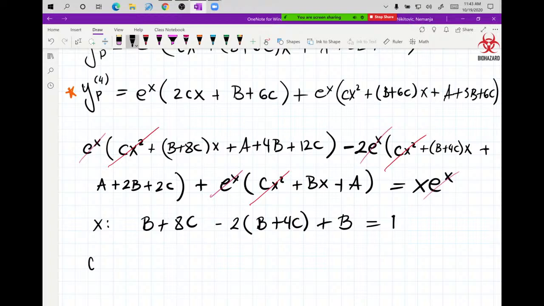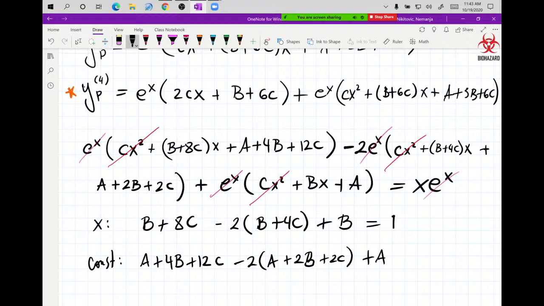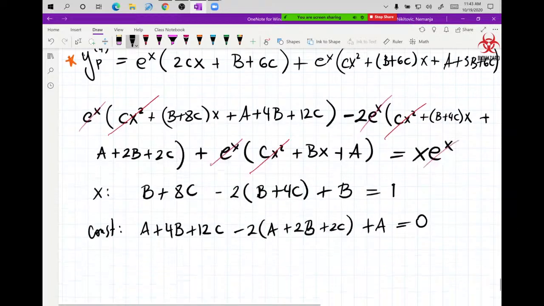And finally, the constant term, it's the first parenthesis is a plus 4b plus 12c minus 2 times the constant term from here is a plus 2b plus 2c, and then finally plus the constant term from the third one is just plus a, and that needs to be equal to 0.